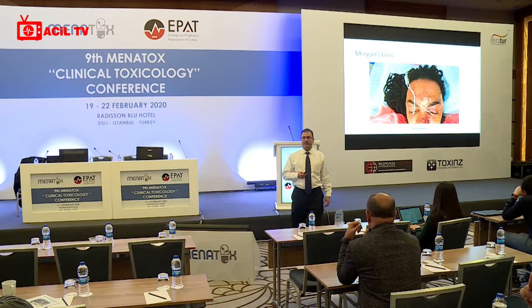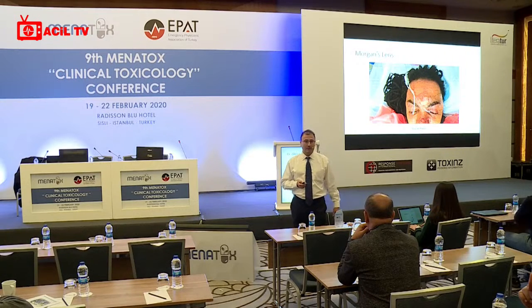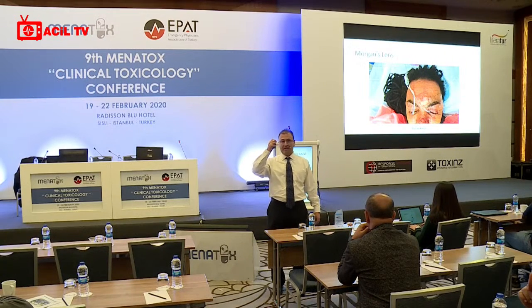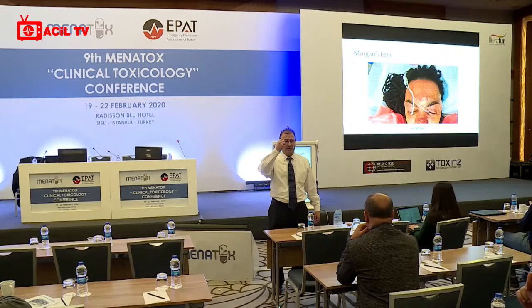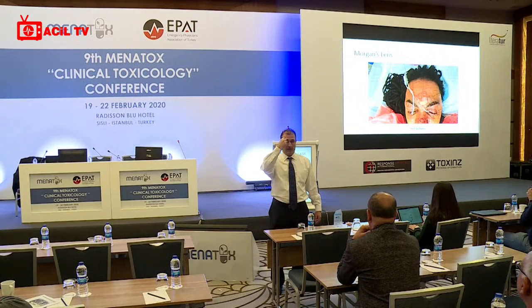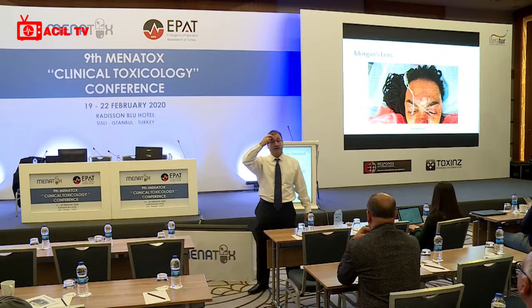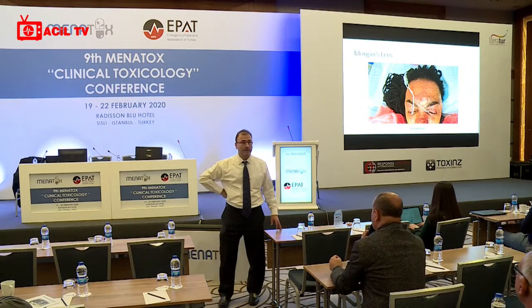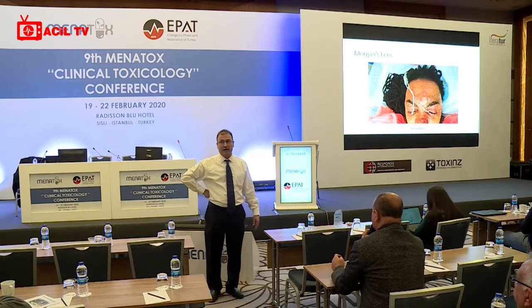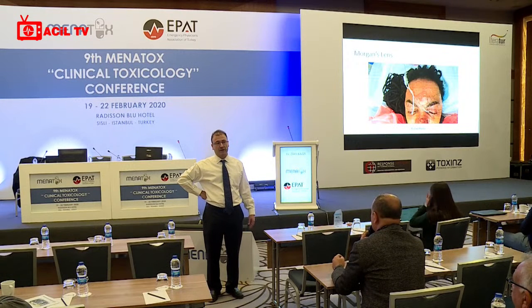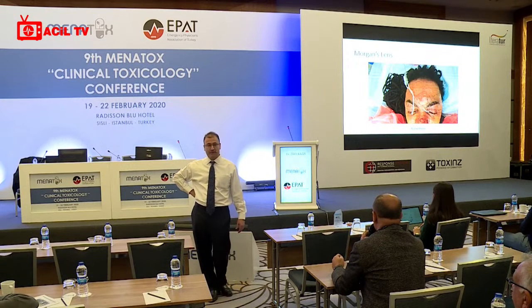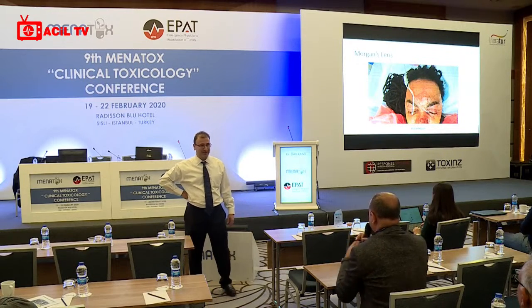We call this a Morgan lens. It's basically a kind of contact lens made of soft plastic. You put it inside the eye, and the other side you connect to IV tubing, and you can irrigate, because you have to irrigate the eye with a couple of liters of saline. Which type of fluid? Saline. But you have to be generous to get the pH of the eye back to 7. Thank you, sir.